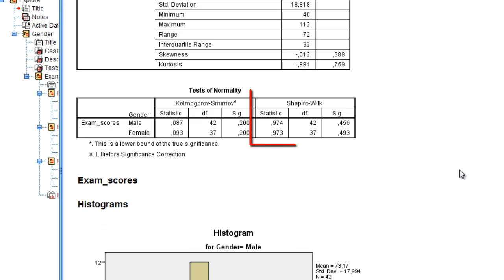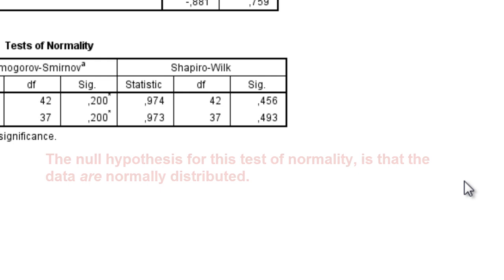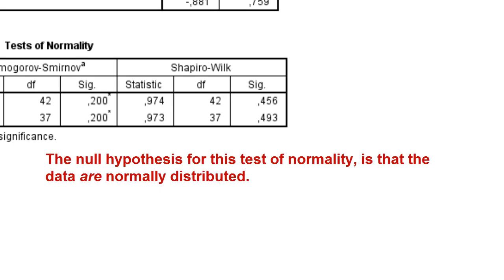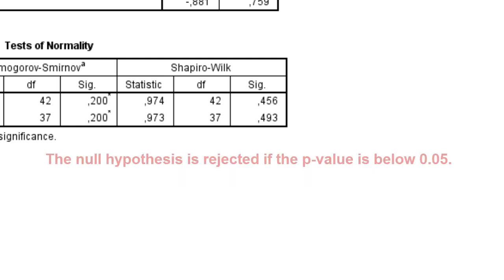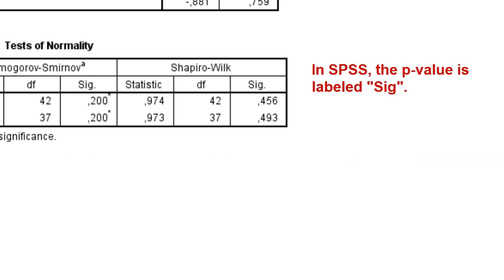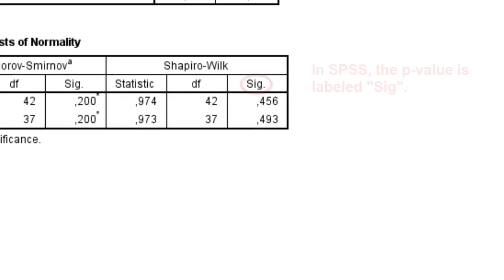Next, let us focus on the Shapiro-Wilk test statistic. The null hypothesis for this test of normality is that the data are normally distributed. The null hypothesis is rejected if the p-value is below 0.05. In SPSS output, the p-value is labeled SIG.